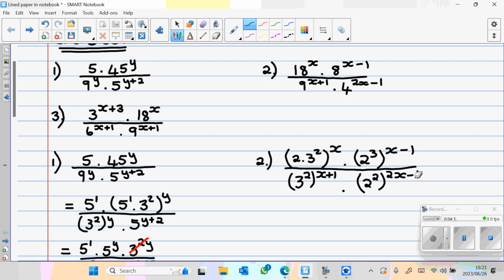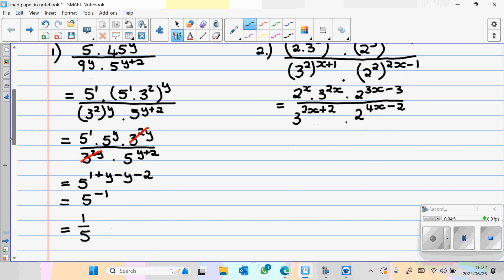Now the one on the outside I'm going to take in, and I'm going to multiply it with those that are already there. So it becomes 2 to the power x times 3 to the power of 2x times 2 to the power 3x minus 3, divided by 3 to the power of 2x plus 2 times 2 to the power of 4x minus 2.